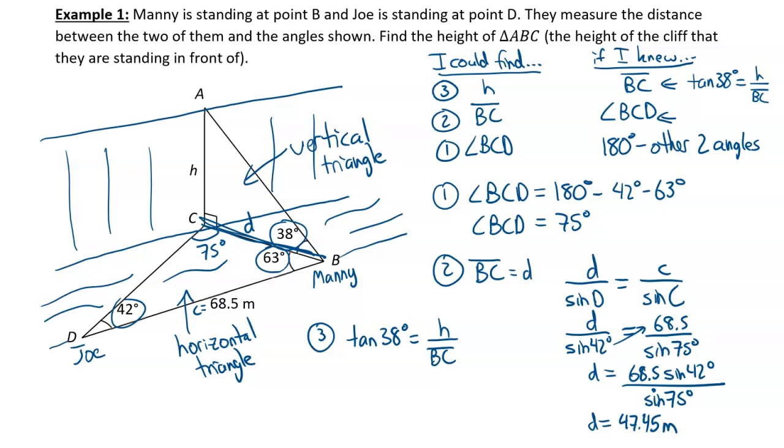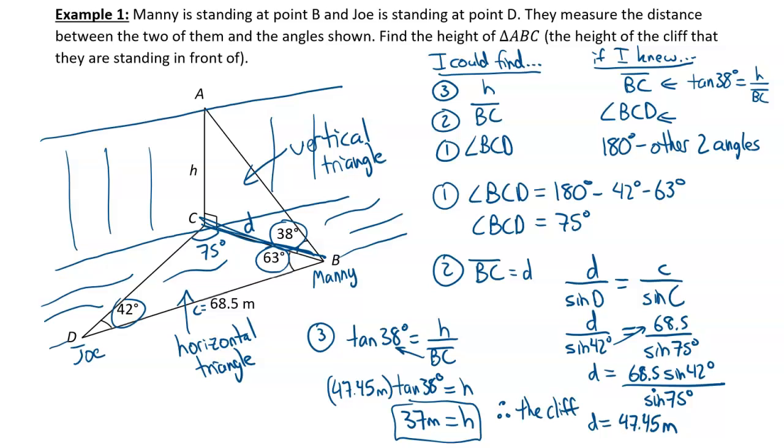So the length of BC, which is 47.45, I'm cross multiplying with the BC, so I'm bringing that up. 47.45 meters times tan of 38 gives me a height, and that height of the cliff is 37 meters. And so we can conclude, therefore, the cliff height is 37 meters.